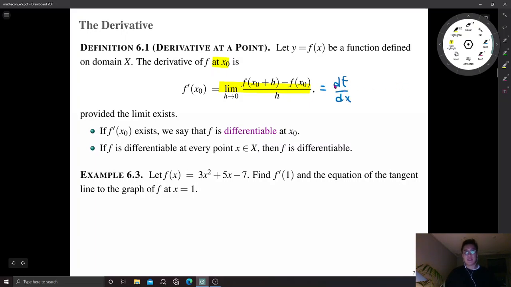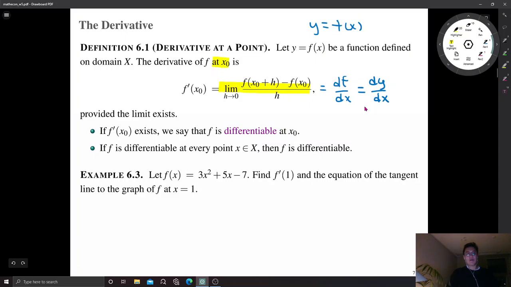Here the letter d stands for infinitesimal change in some variable. So df means infinitesimal change in the function's value f, and dx means infinitesimal change in variable x. Or, because y is f of x, we can express it as dy over dx.